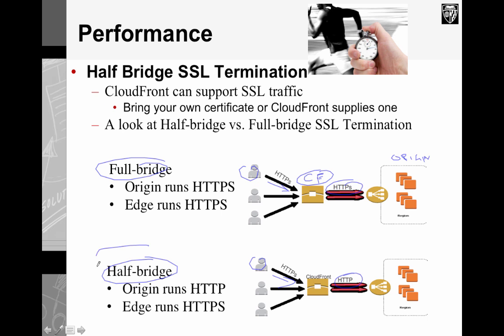By choosing half-bridge SSL termination, which is really clients coming into CloudFront over SSL or HTTPS, and CloudFront communicating with the origin over HTTP, this feature allows you to improve the performance for the end user.